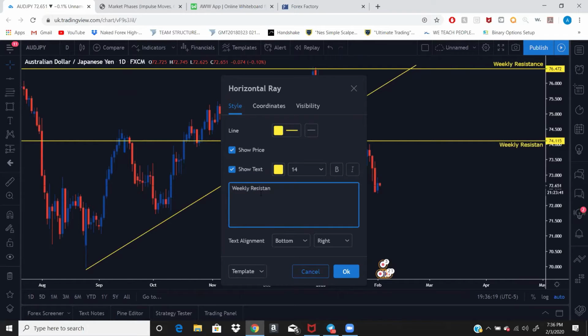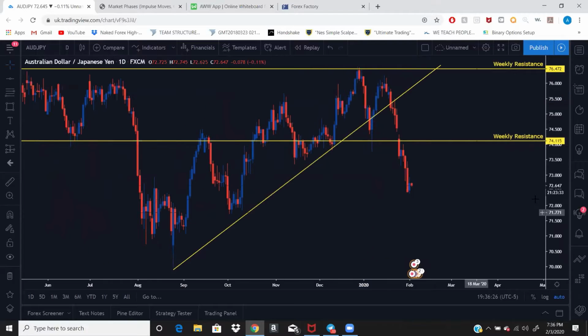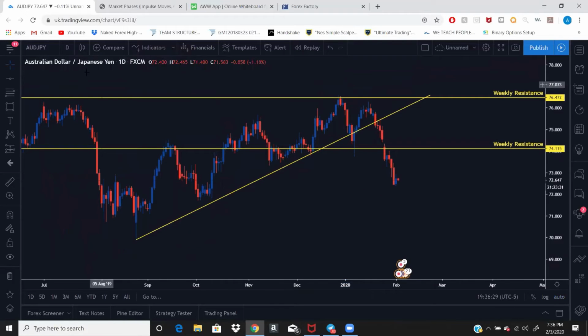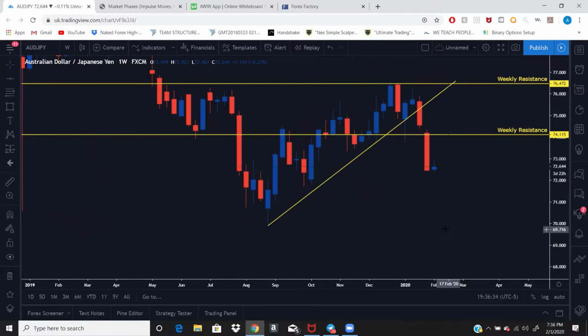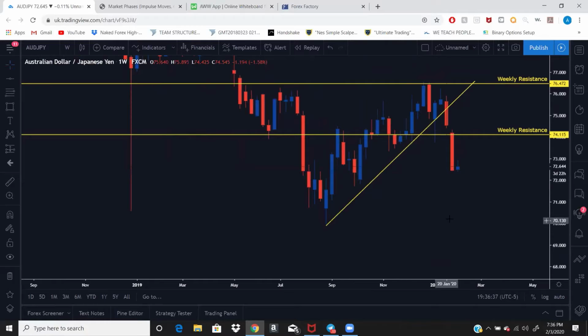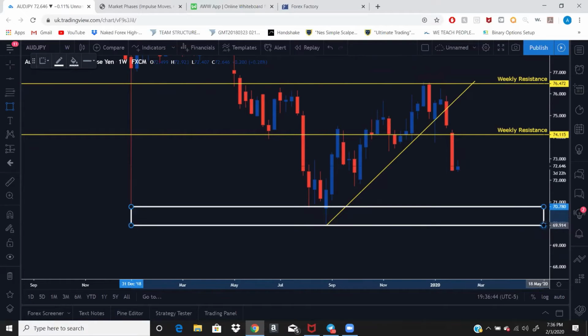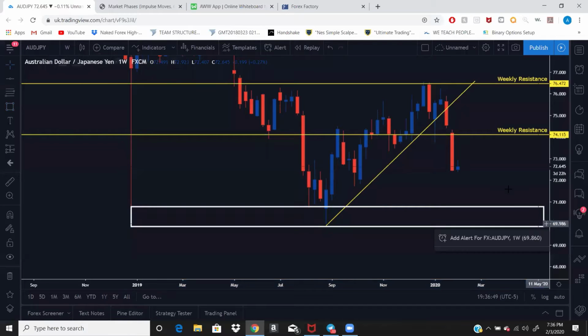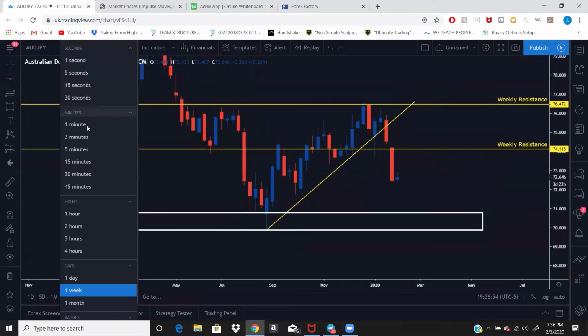Now, let's take a look on the weekly. Whew, this is wild. All right. So it seems that it's headed back down this way. Damn, this is wild.